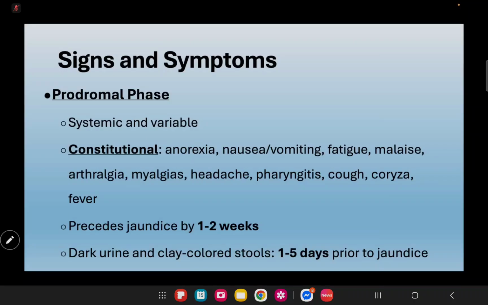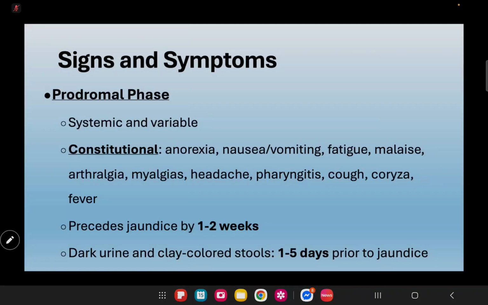That includes anorexia, nausea, vomiting, fatigue, malaise, arthralgia, myalgia, even headache, pharyngitis, coryza, and cough. They are non-specific, but that could be the first phase in this type of infection. These symptoms usually precede jaundice by 1 to 2 weeks.